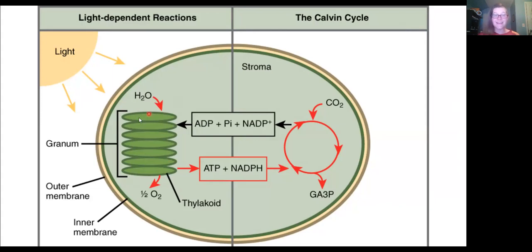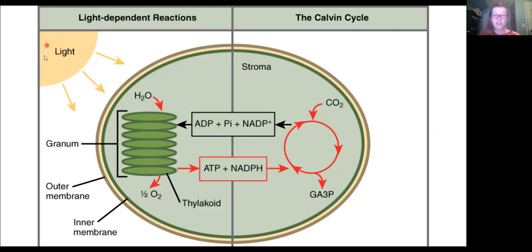This is where the energy from the light is actually picked up in some form, and then that energy is transferred over to the other side where light is not needed. It doesn't have to happen in the dark. These used to be called the dark reactions, but really they could happen anytime. But that energy is then used to fix CO2, which is to take CO2, carbon dioxide, and turn it into an organic molecule. So let's take the broad level view of what's happening here very quickly first.